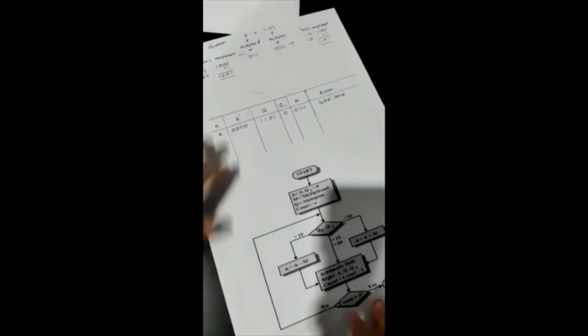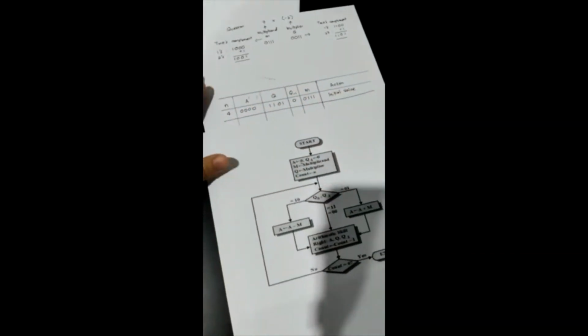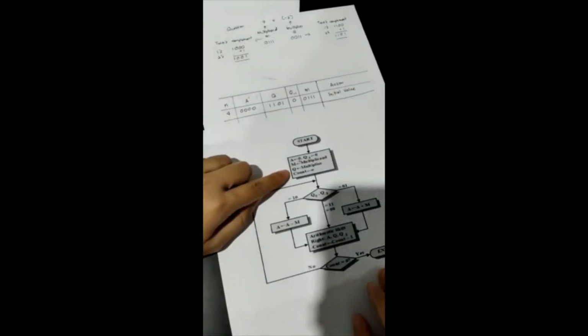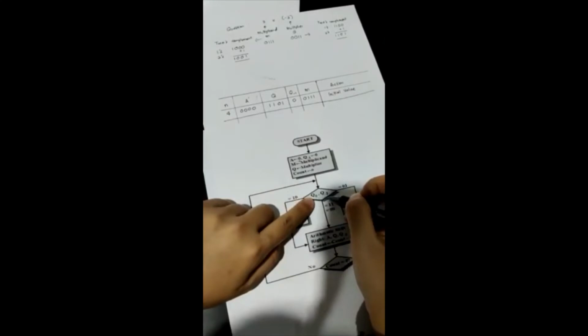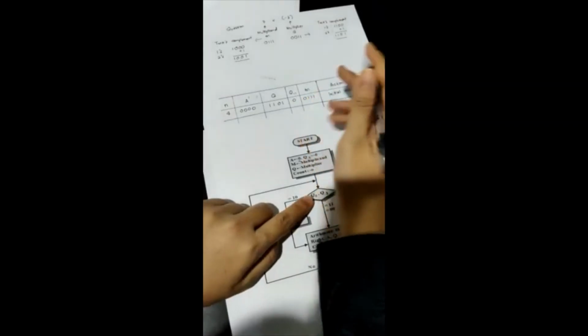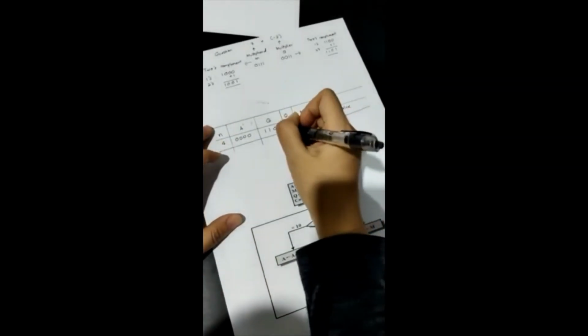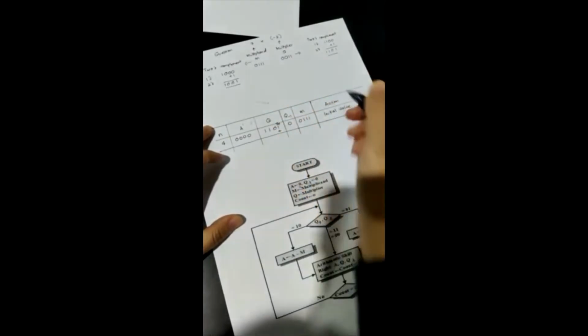Alright, so we begin the process based on the flowchart. After we do the initialization, we need to compare Q0 and Q minus 1. Q minus 1 is already obvious here, and this is Q0.